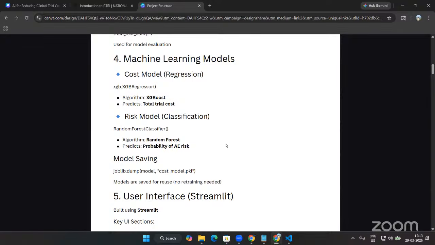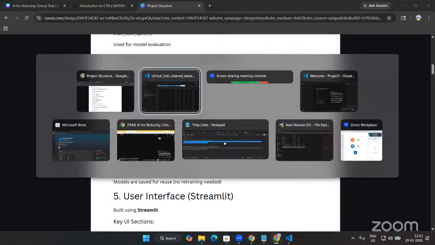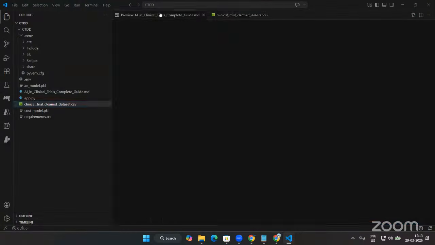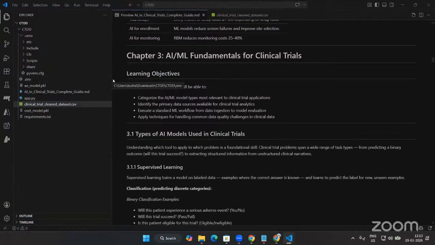So, if we want to understand this part, machine learning has multiple types. So let us go back here and try to understand this part.